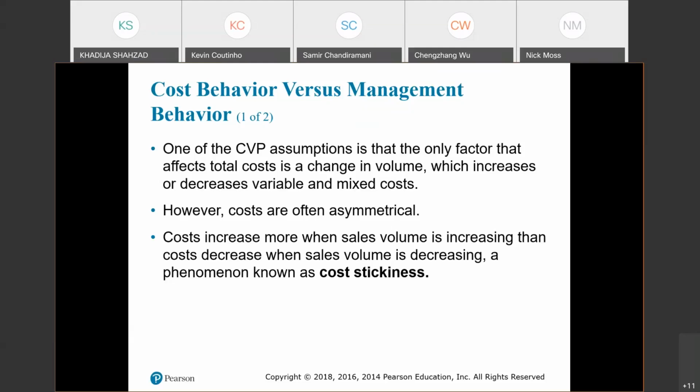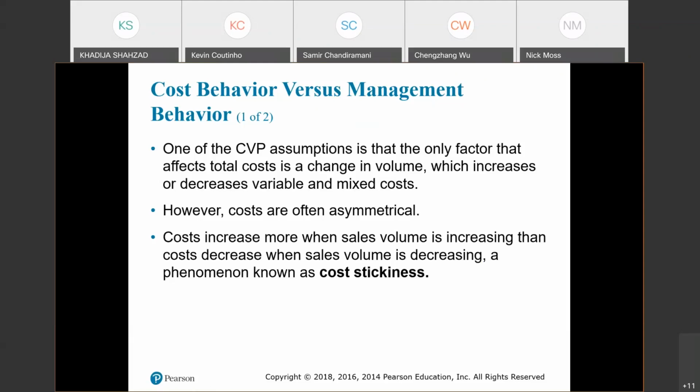However, when sales decrease, the managers may want to lay off some workers, especially if the sales decline is expected to be temporary, and instead find alternative activities for those workers. Therefore, the decrease in sales is greater than the proportionate decrease in cost.